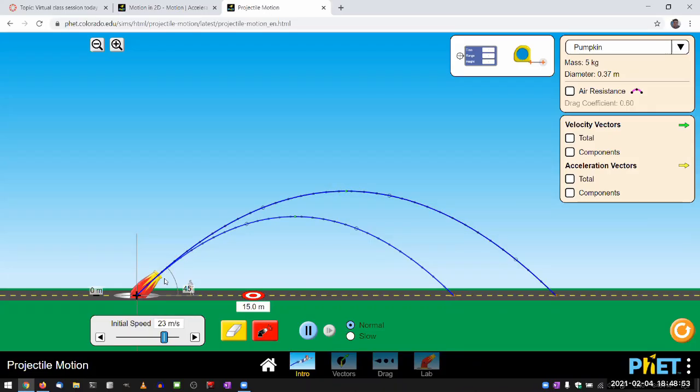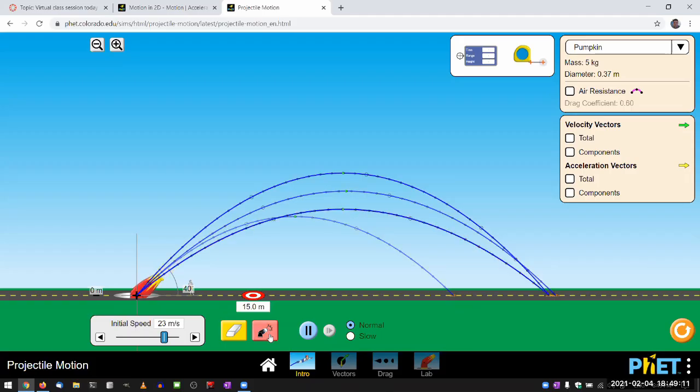Okay, that seems better. So that's the 45 degree at 23 meters per second. I can test it again: 50 degrees, it falls a little bit shorter. 40 degrees, it goes a little bit shorter again.